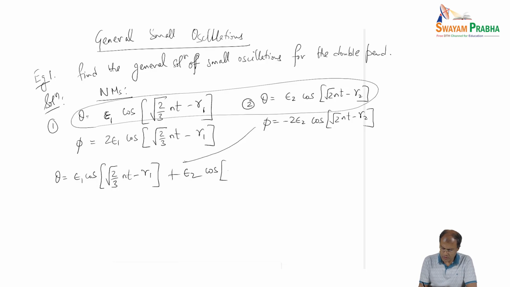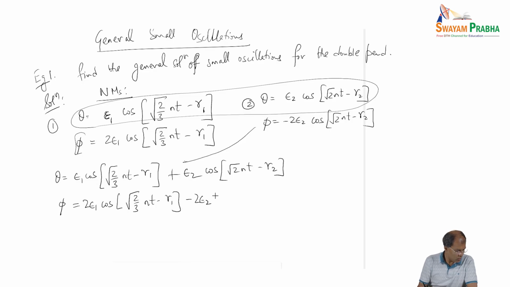And the second generalized coordinate can be written as phi equals 2 epsilon 1 cos of square root 2 by 3 nt minus gamma 1, minus 2 epsilon 2 cos of square root 2 nt minus gamma 2. Okay, so that's what we have.